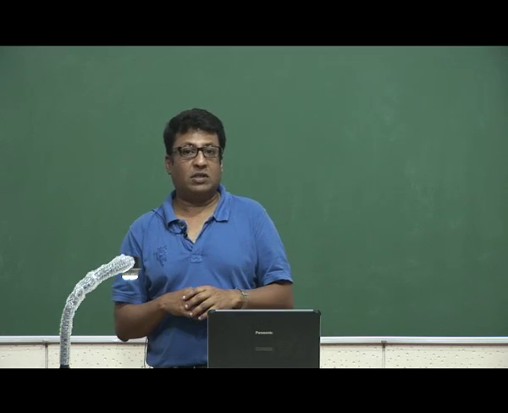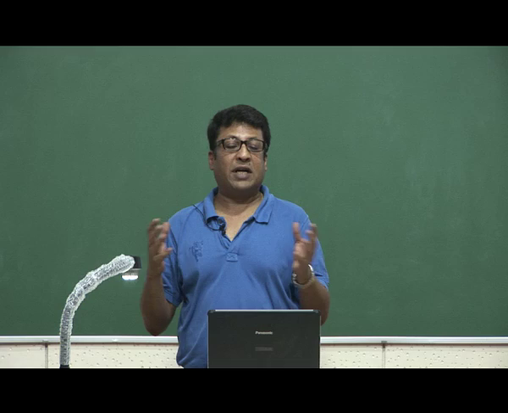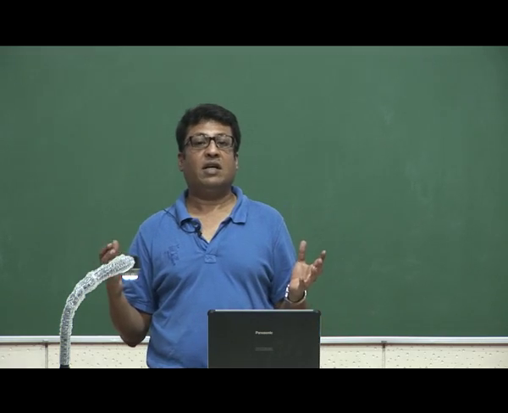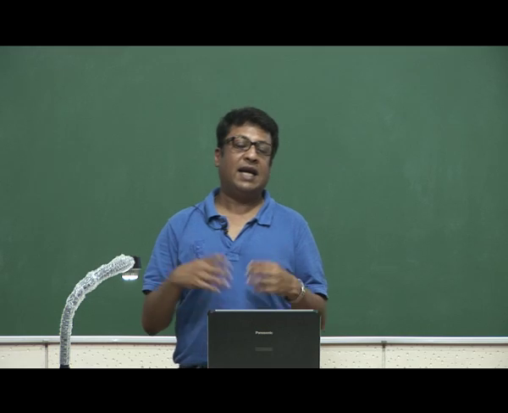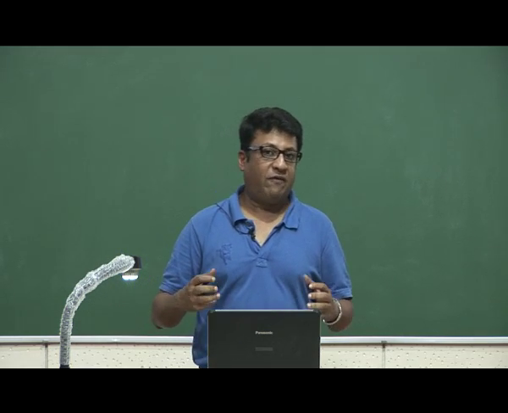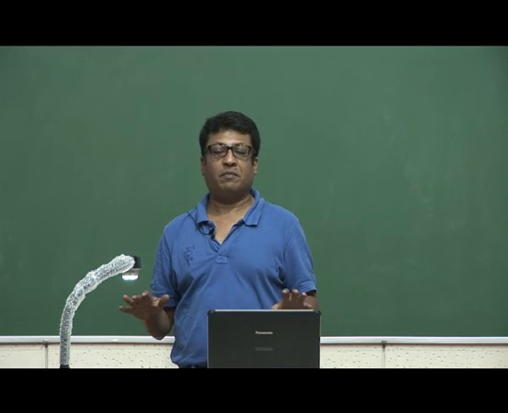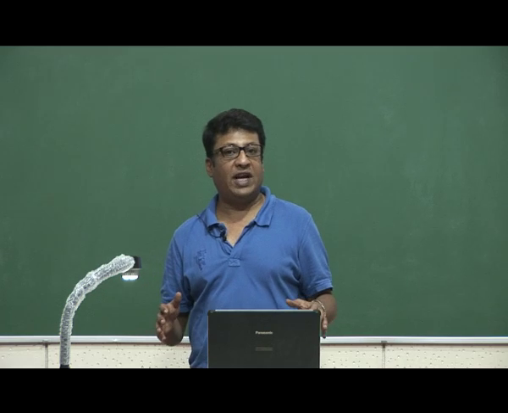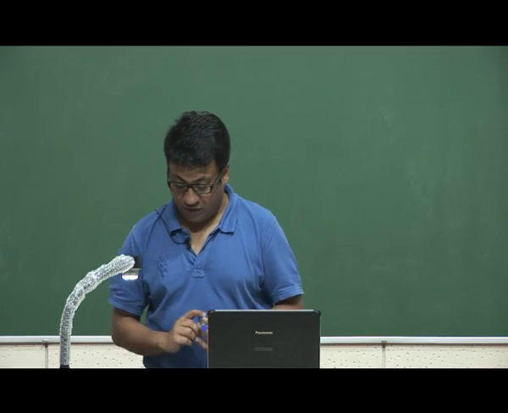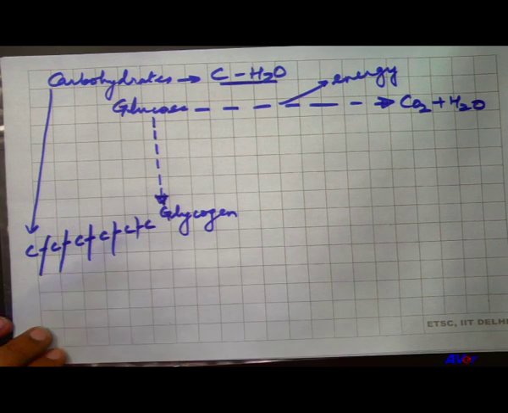First, the glucose in your bloodstream gives you energy. Cells chew up that glucose, get energy out, you are running. The first feeling of tiredness you get is when this glucose is finished. Now, once this glucose is finished, the glycogen, which is storage of energy in your cells, starts breaking down.